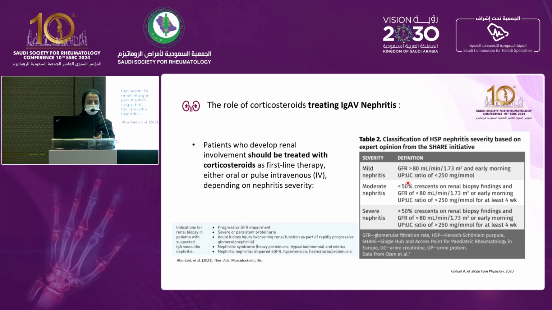Usually the urine protein to creatinine ratio will be less than 250, while in moderate and severe, we have abnormal GFR and usually a persistent proteinuria, where the urine protein to creatinine ratio will be more than 250 milligram for at least 4 weeks. We will differentiate the moderate and severe by the renal biopsy findings.